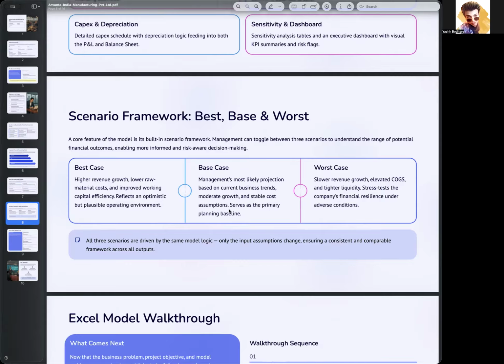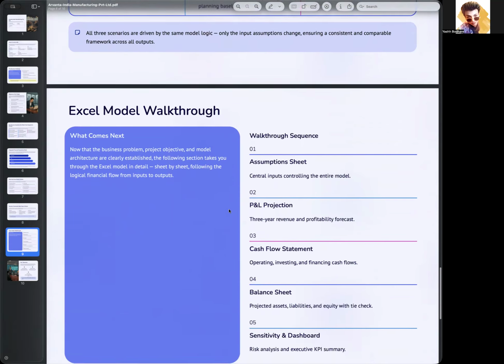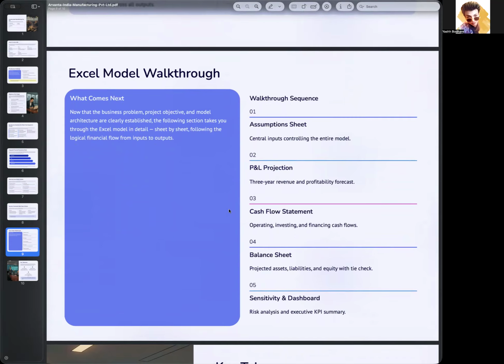So I'll follow the same logical sequence used to build the model. We'll begin with the assumptions sheet because this is where the forecast is controlled. After that, we'll move on to the profit and loss projection to understand how revenue and profitability have been forecast.